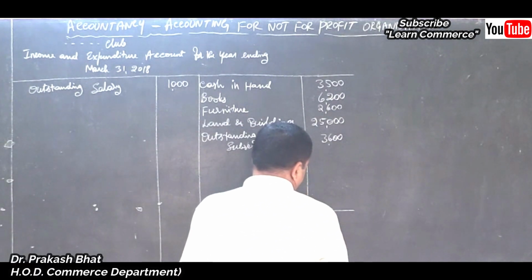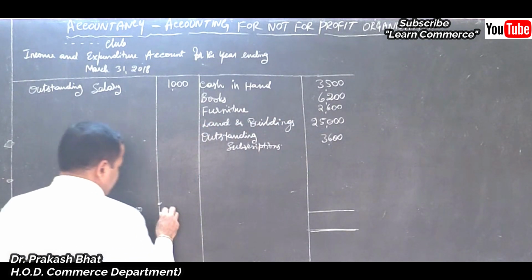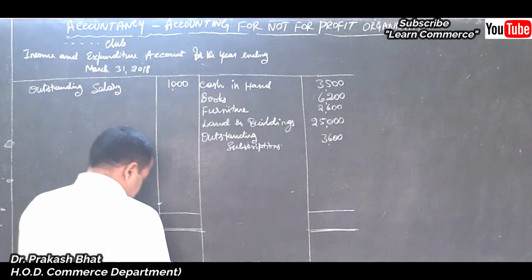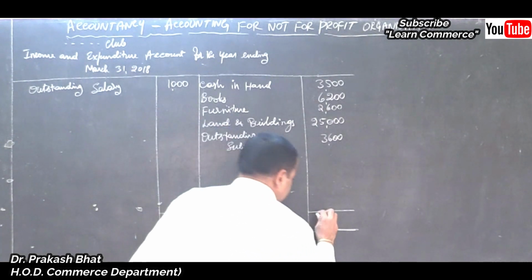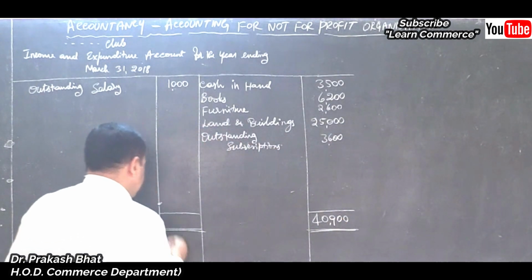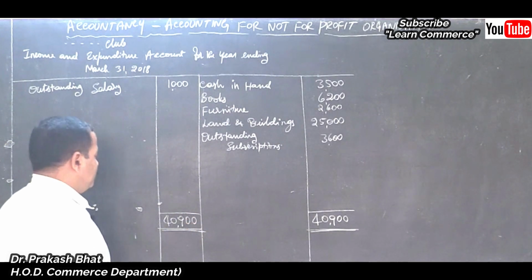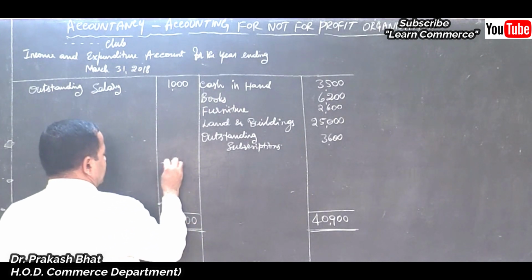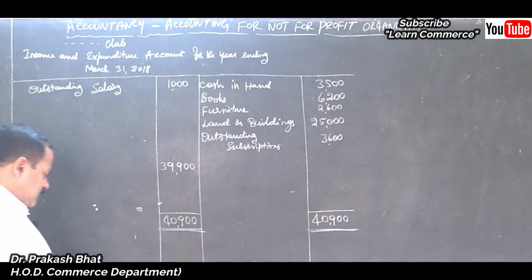Close it, find out the difference and treat it as the opening capital fund. Correct? Yes. What's the total of the credit side? It is 40,900. Write it. 40,900. Write the same amount on the other side. Find out the difference now. It is 39,900. Am I correct? 39,900.